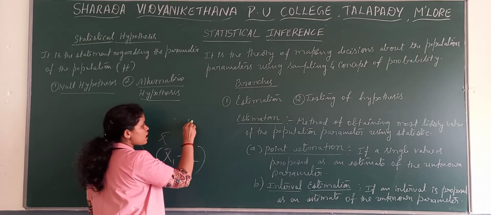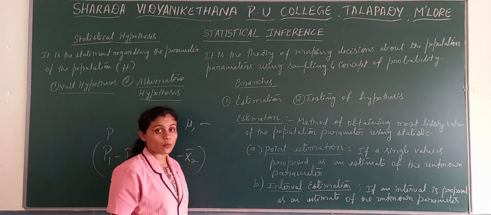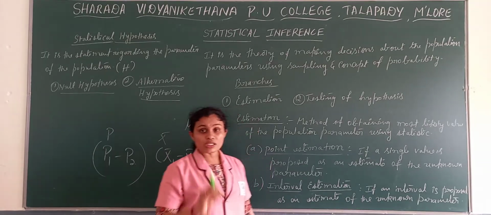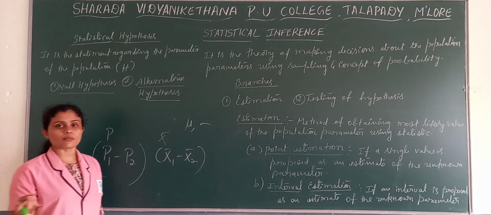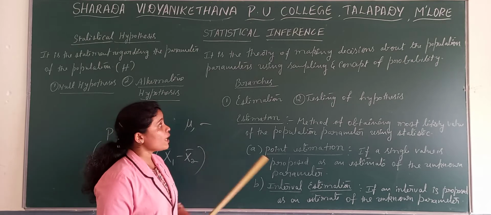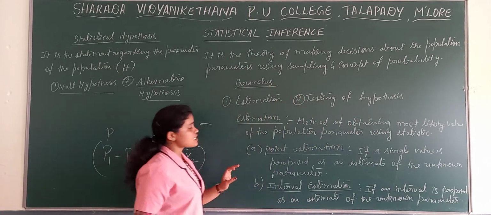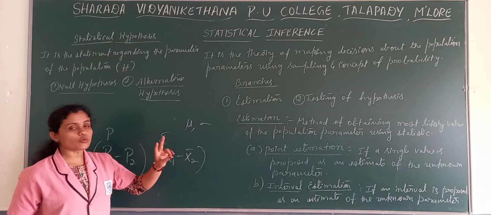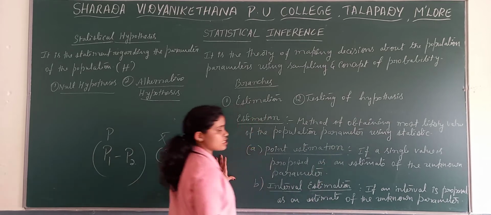Population parameters are mu as well as sigma. These two are population parameters. So in this chapter, we are discussing how to make decisions about these parameters by taking the concept of probability. Now, statistical inference has two branches, that is estimation and testing of hypothesis.